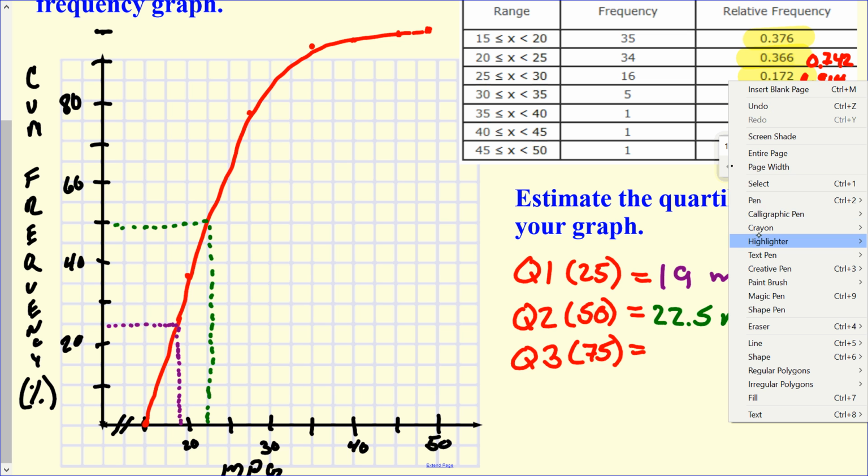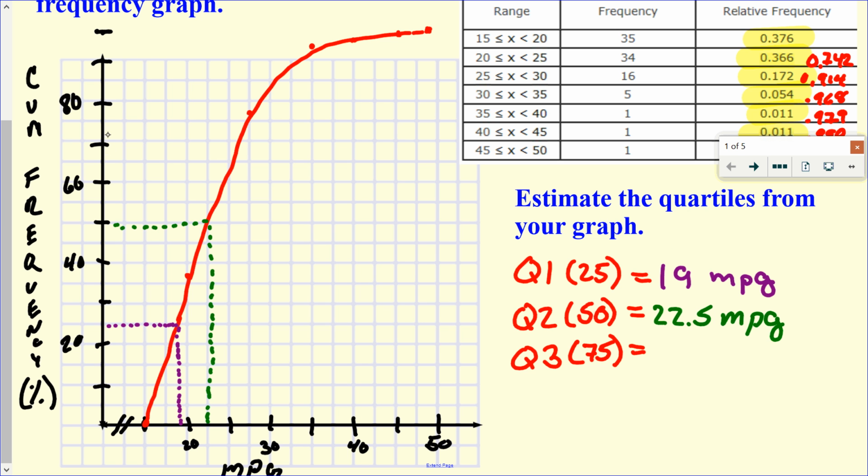And now we need the third one, it's 75. That looks to be at 27.5 miles per gallon. So here we have a cumulative frequency graph and the quartiles identified.